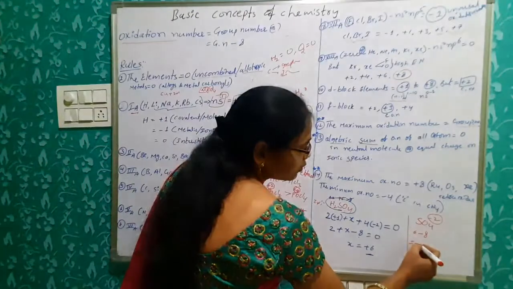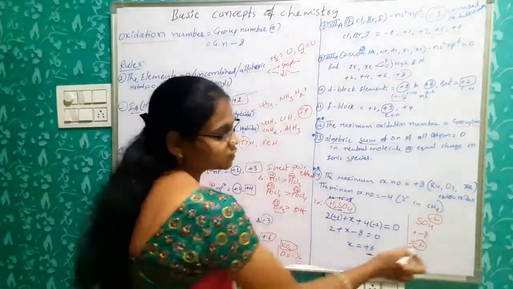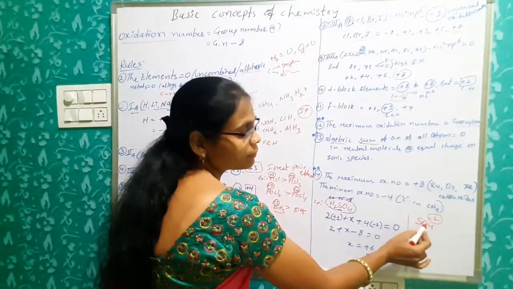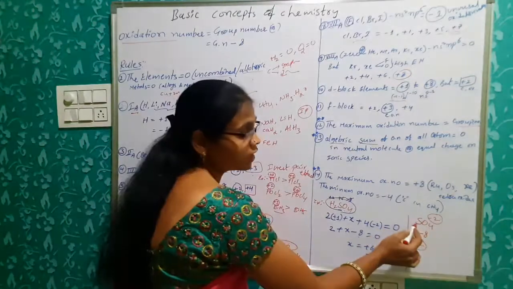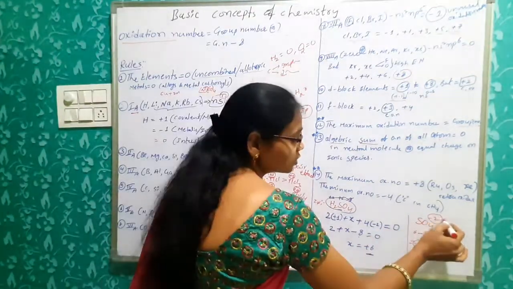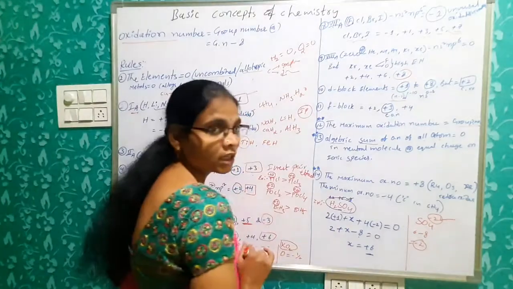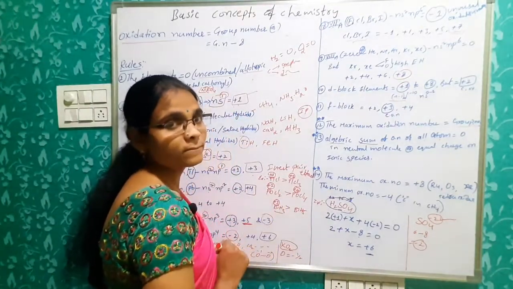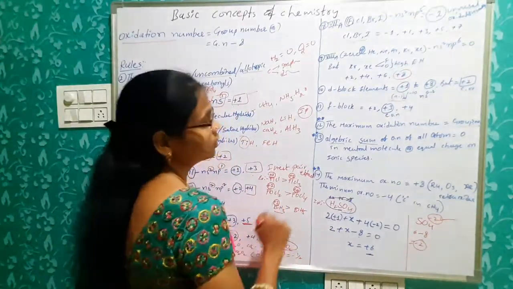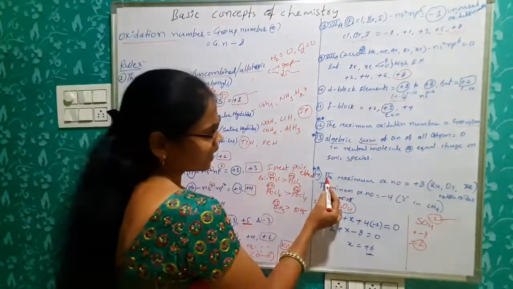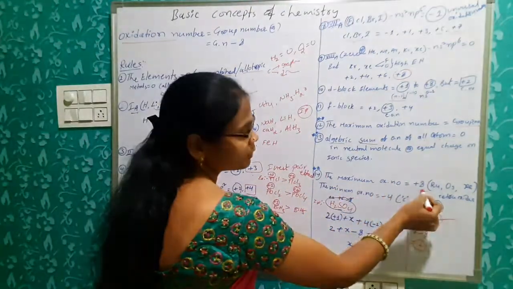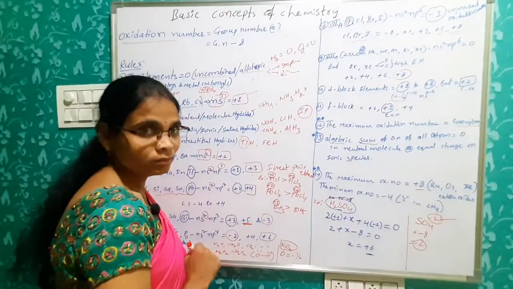How much? Minus 2. So the algebraic sum of oxidation numbers of all atoms in a given ionic species is equal to the given charge on that ionic species. Clear?